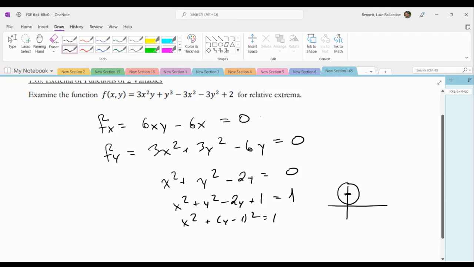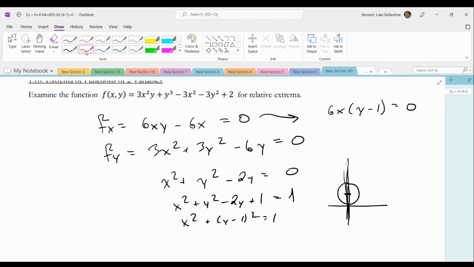And then this guy, we have 6x times (y minus 1) is 0. So either x is 0 or y is 1.